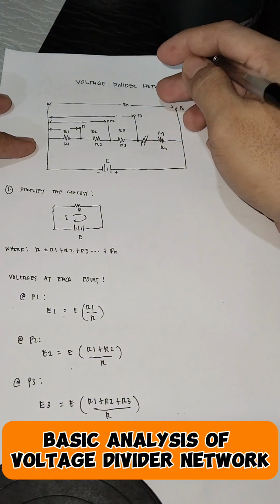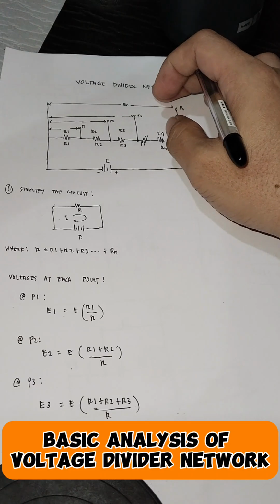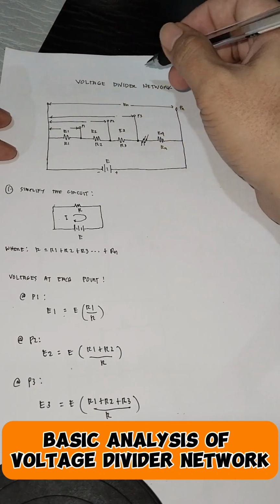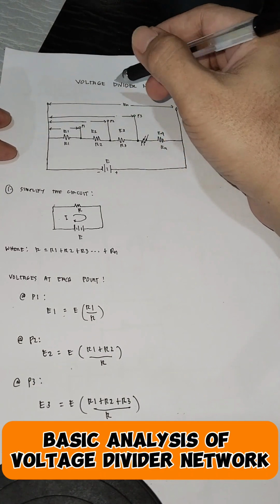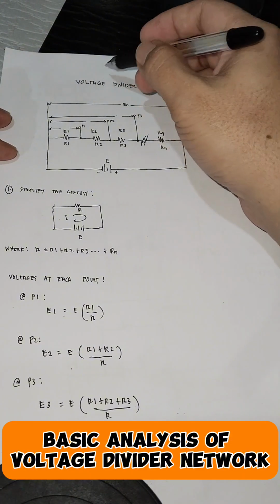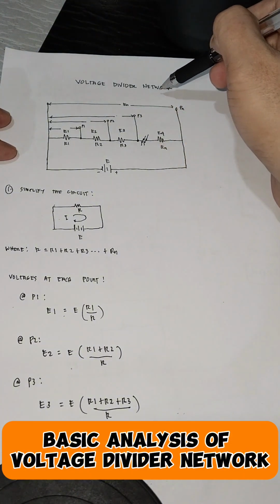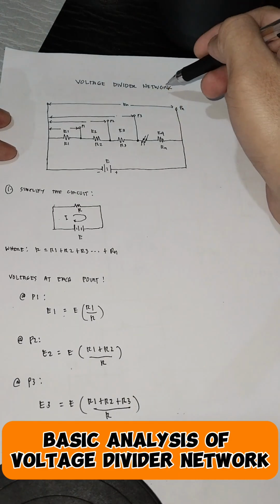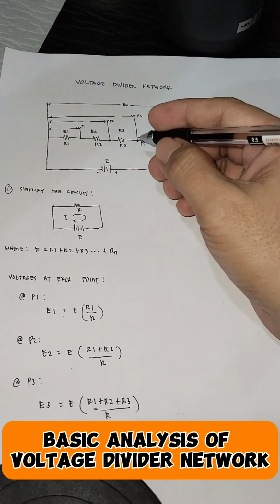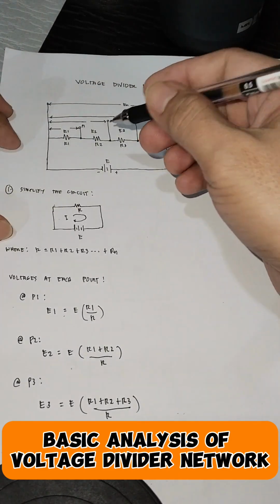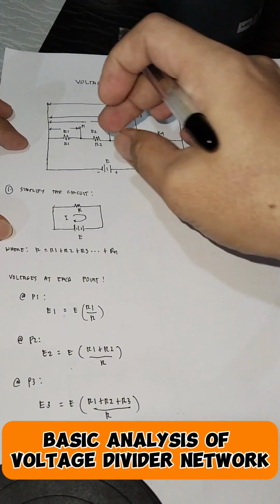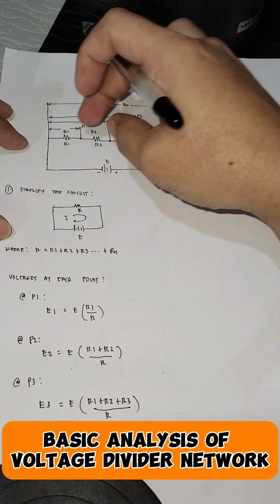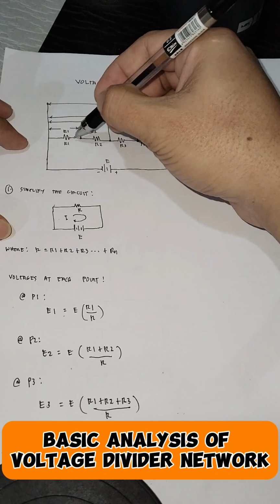Okay, so by applying another method of calculation, we have a voltage divider formula. Your system is connected in a series connection.